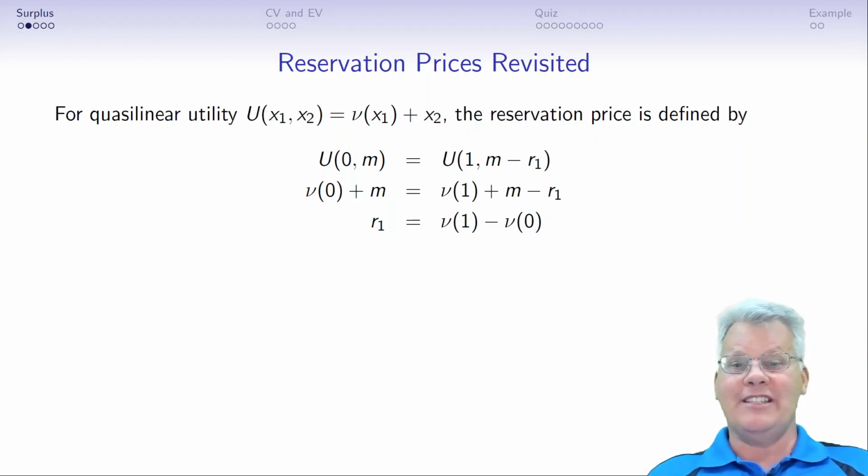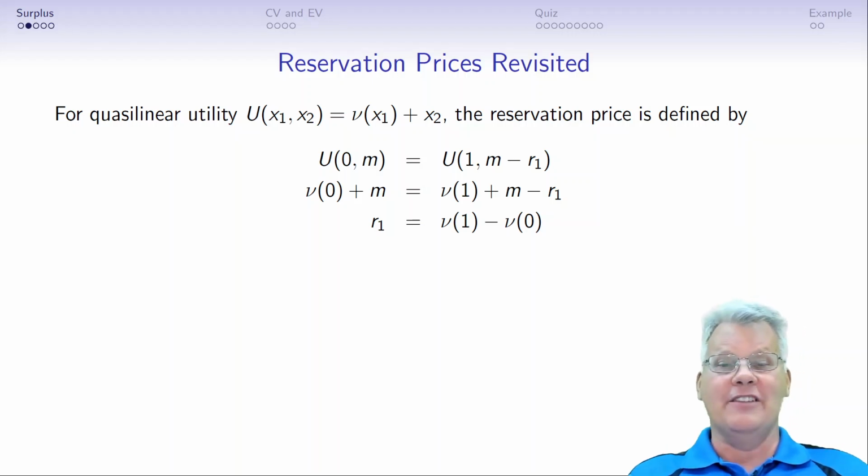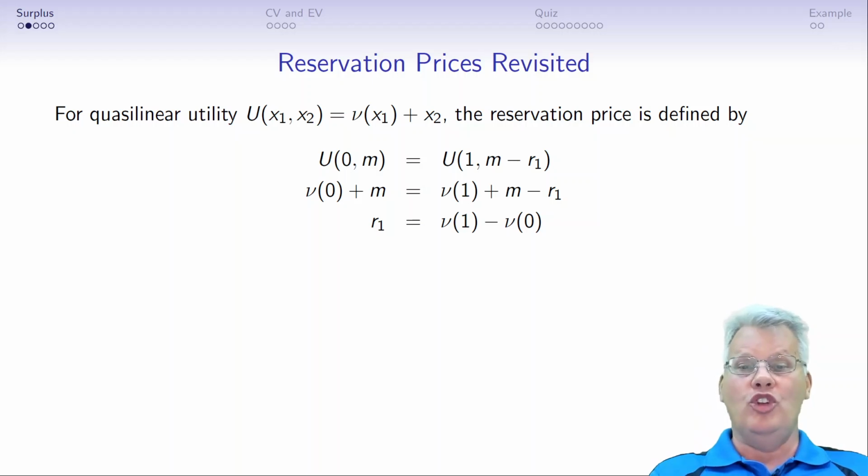You'll notice that M, the income level, cancels out from both sides, and through rearrangement, I find that the reservation price of good 1 is equal to nu of 1 minus nu of 0.